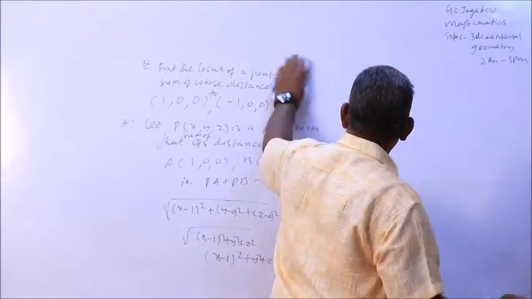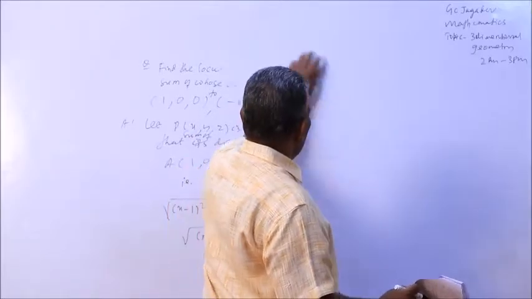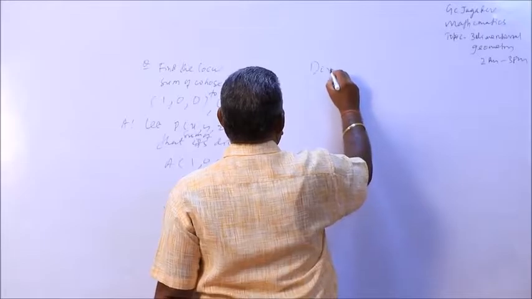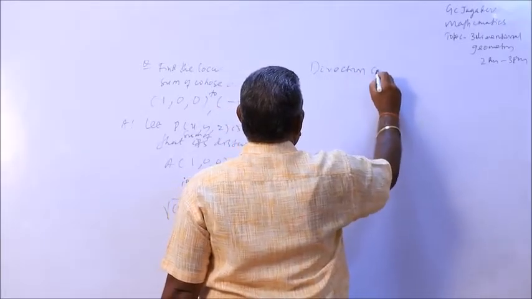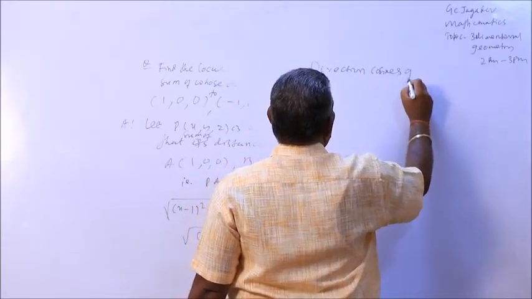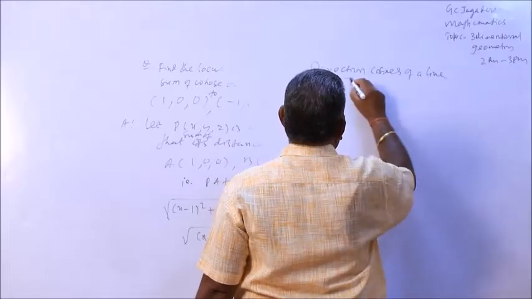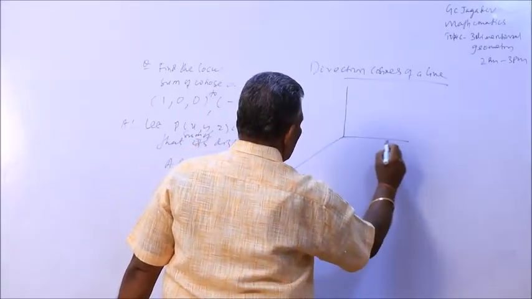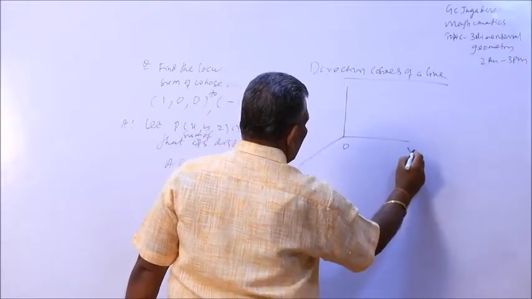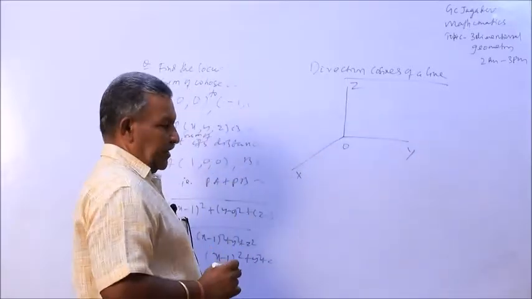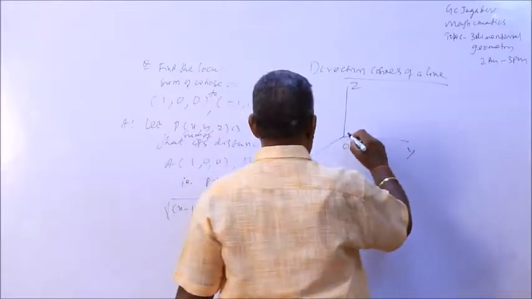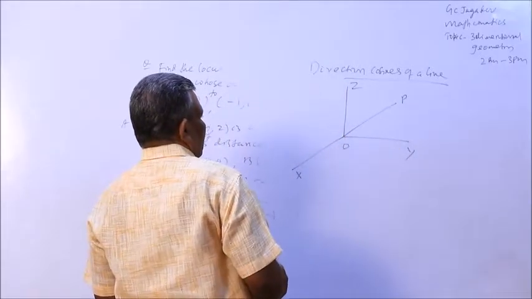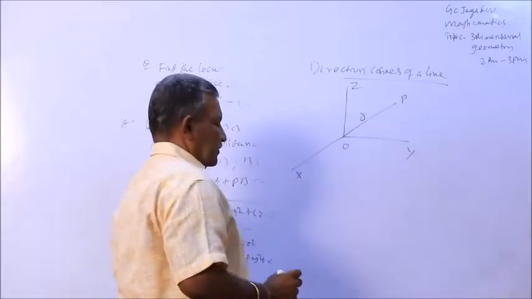Next we will discuss direction cosines of a line in three-dimensional geometry. Direction cosines of a line. Suppose this is your positive side of the coordinate axis. OP is a line. Length of OP is suppose r.